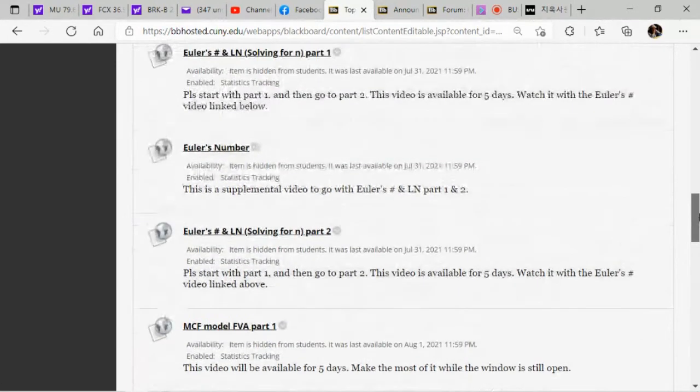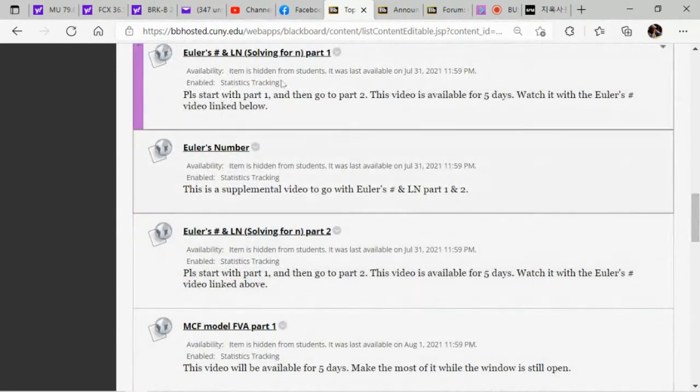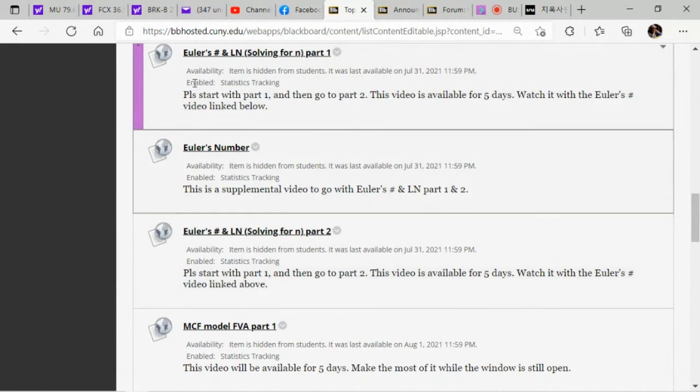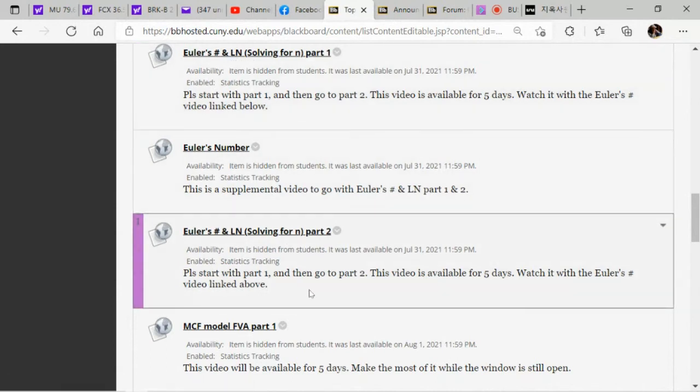And between single cash flow model and multiple cash flow model, there were videos about Euler's number and natural log. LN stands for natural log, and you should know that. If you say, Professor, I don't know, look, your fault, because these videos were provided there, and while they were there, you should have watched them.